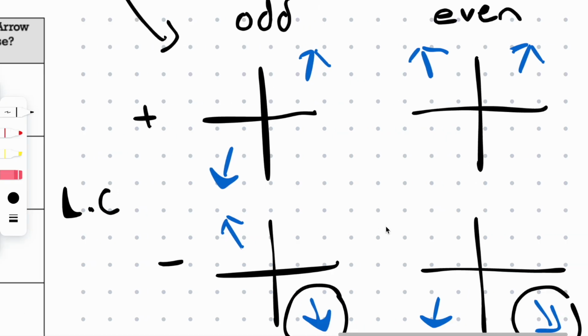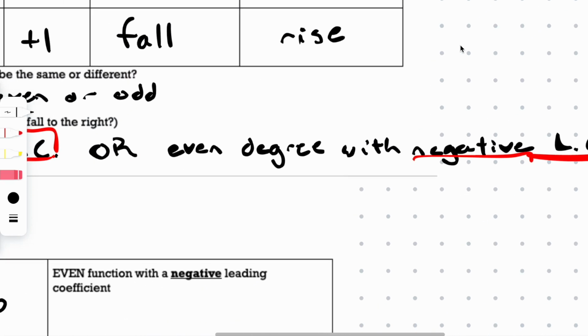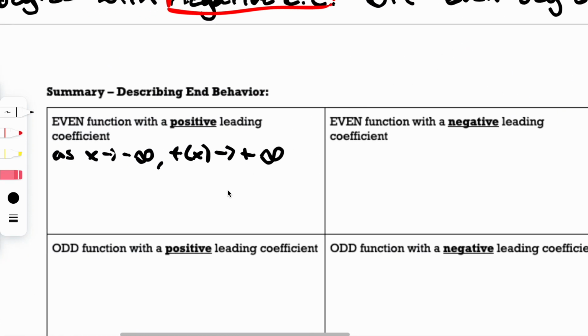Let's look here for the right arrow. As x approaches positive infinity and goes in this direction, what happens to our y? Our y is still rising, so our y approaches positive infinity. So as x approaches positive infinity, f of x approaches positive infinity, my bad.